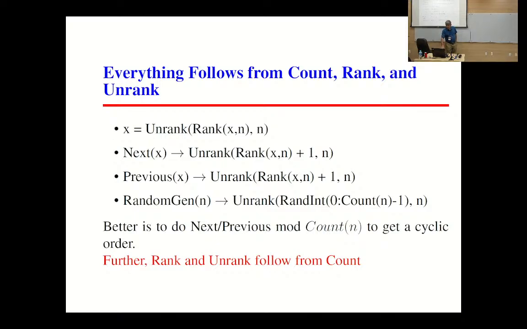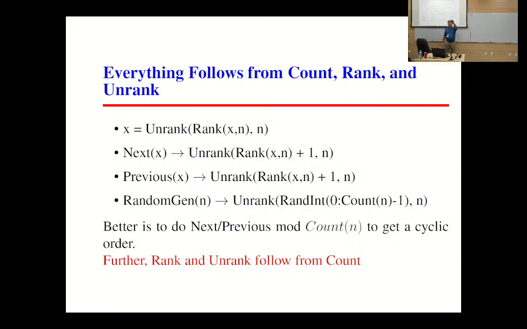Well, what if I take your permutation X and I rank it? I now get a number. That number is 56. What is the permutation after 56? It is the permutation 57. So if I rank it, I get a number. If I add 1 to it, I get the next number. And if I unrank that, then I get the next permutation.